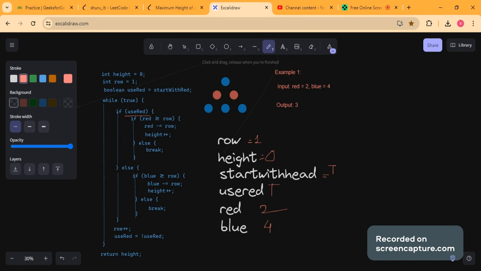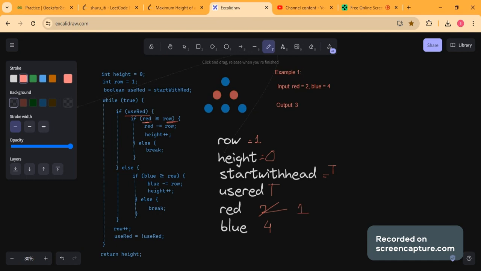Now we are checking whether the number of red balls is more than the number of rows or not. Currently we are in row 1. It means that we need to use just one ball, but we have two red balls. So yes, we can use it in the first row. Now I will decrease the number of red balls because I have already used one ball here.